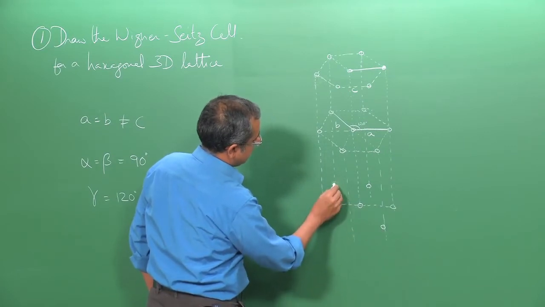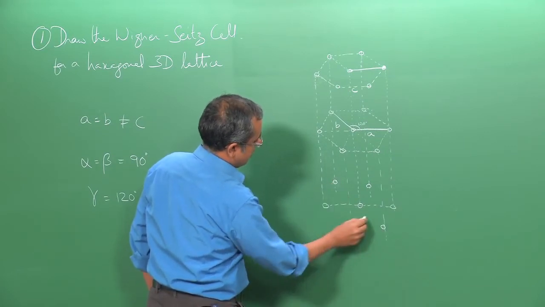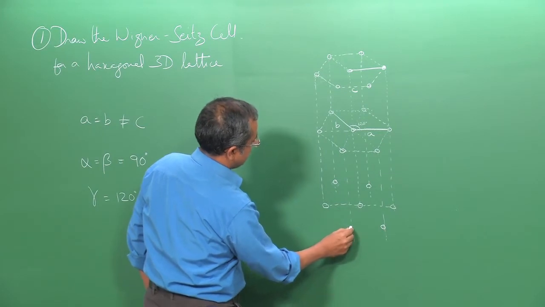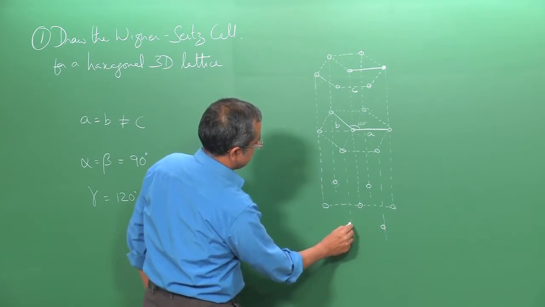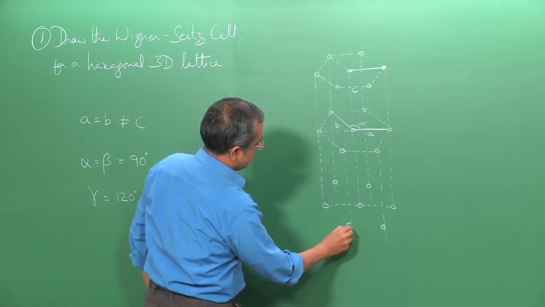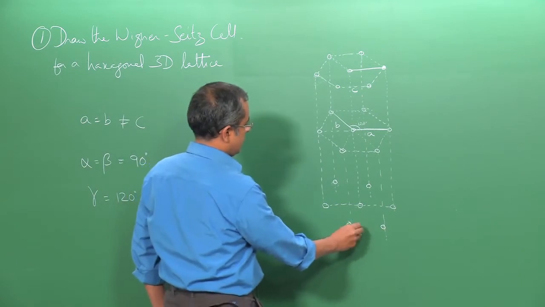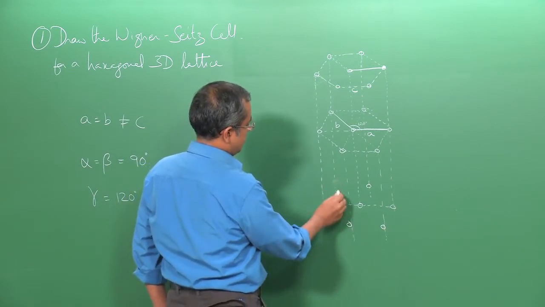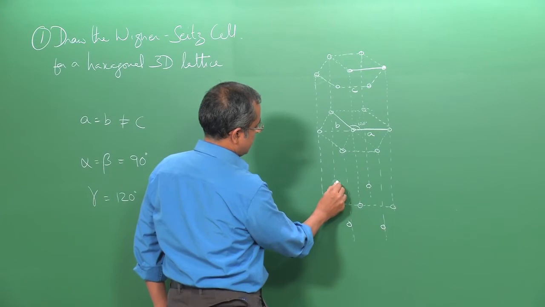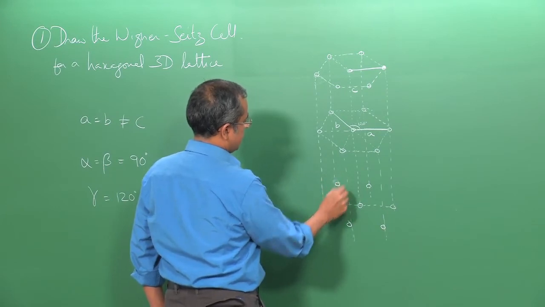So, actually this would have to be a little higher, and you would have a point down here, and therefore, you get your hexagons somewhere here. Okay. So, that is your hexagon.